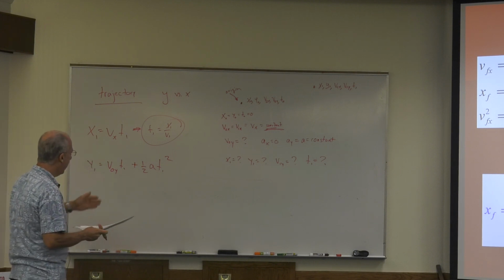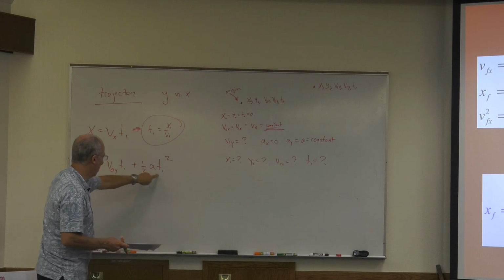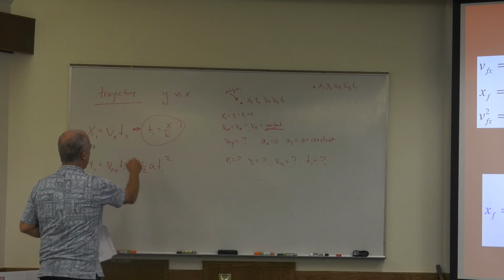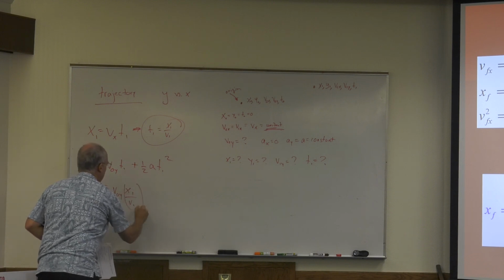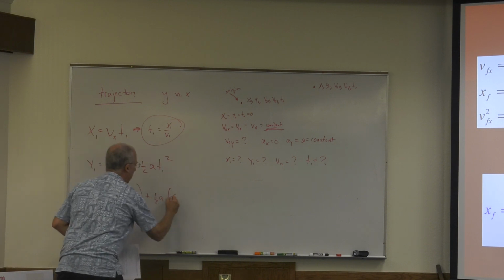Now again, the whole purpose is to solve for t1 so we can substitute it. So we're going to have v0y times x1 over vx, and here 1/2 a times that squared.